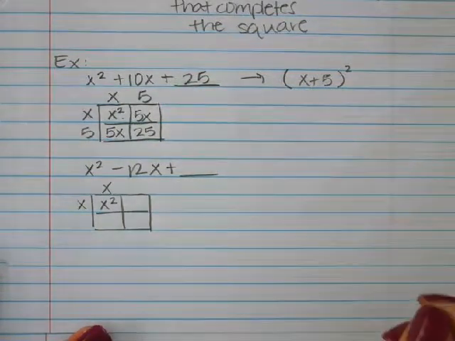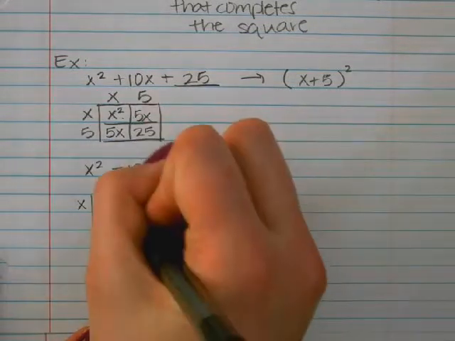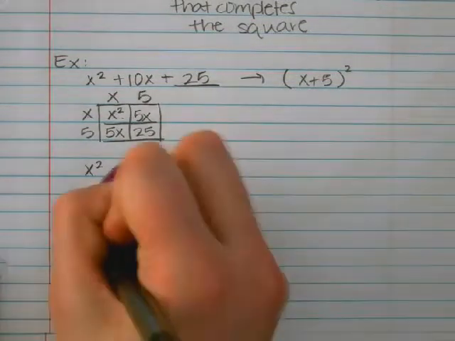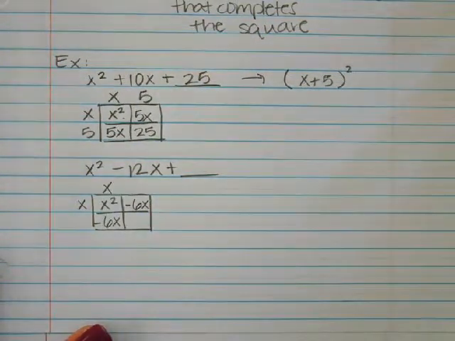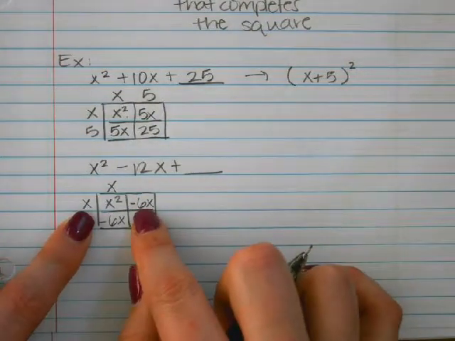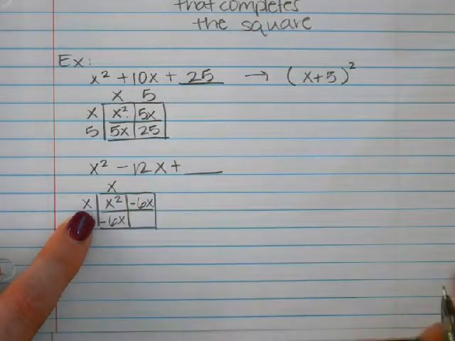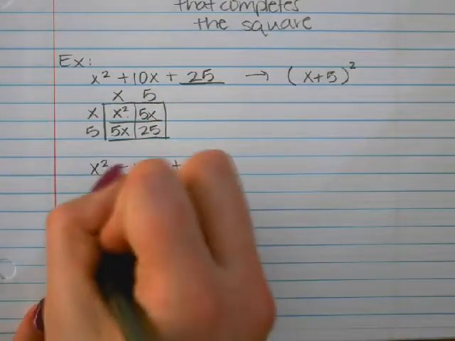We've got negative 12 total. We're going to split it in half, so 6, and we're going to make sure they're negative. So negative 6, negative 6. So x times something is negative 6. What's that something? Negative 6. All right, and then this is negative 6 as well.